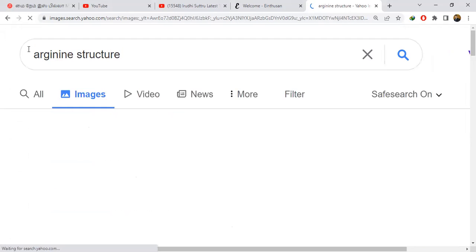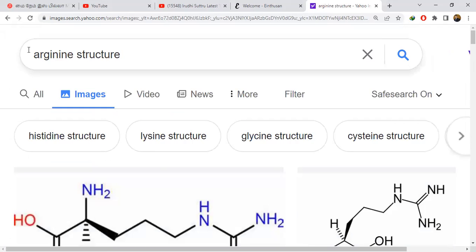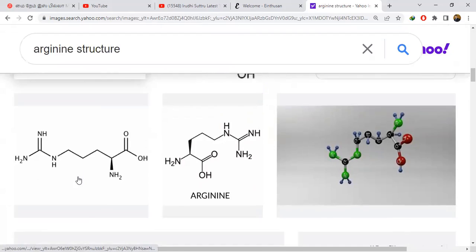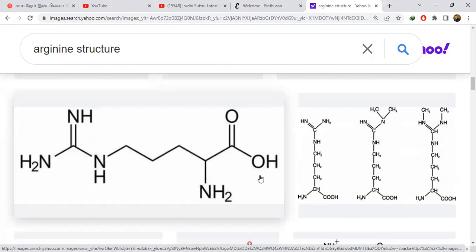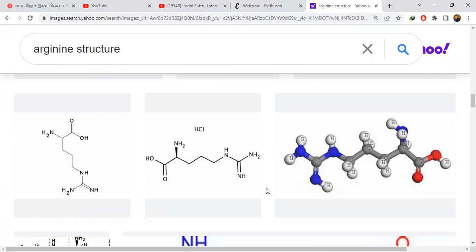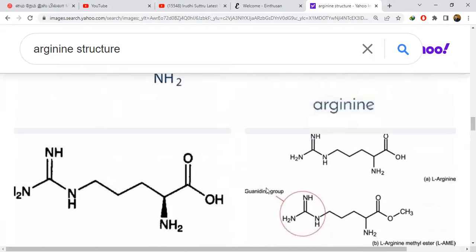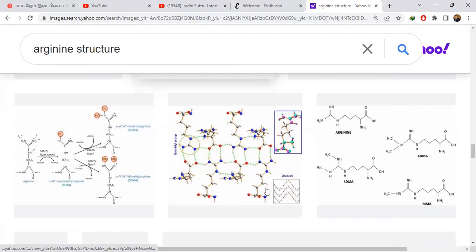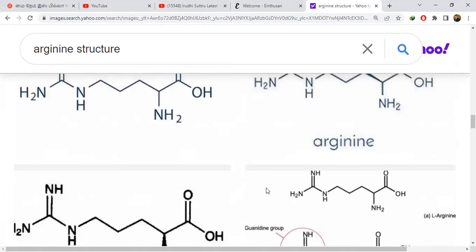Similarly, we are going for another one. Arginine. If you look for arginine, I am looking for a simple structure. Most of these ones are complex ones.